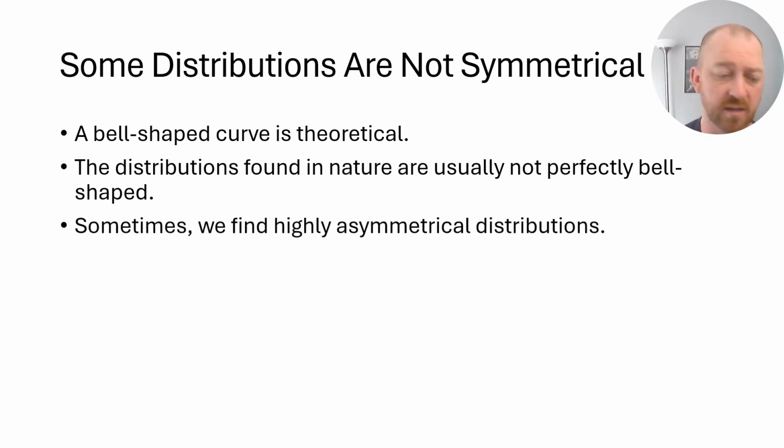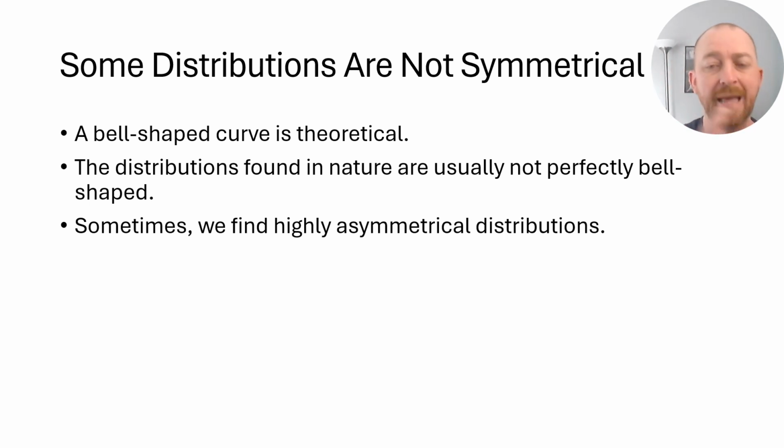So it's very unusual to find a perfectly bell-shaped curve, but just how much our particular distribution from real data deviates from a bell-shaped curve is something that we'll need to talk about and assess and be aware of as researchers and as consumers of statistics.